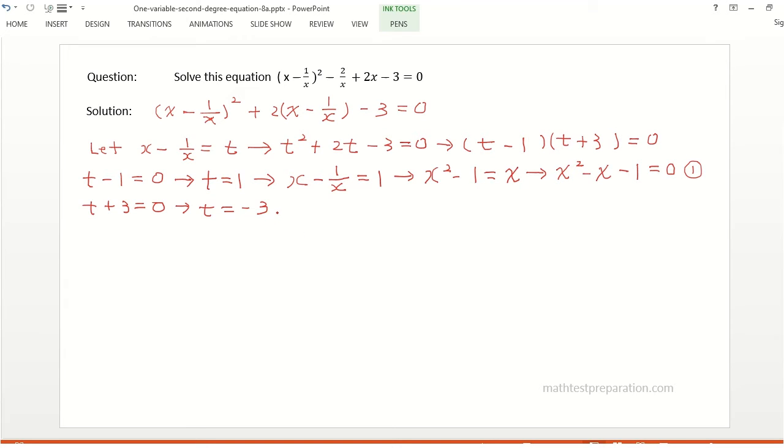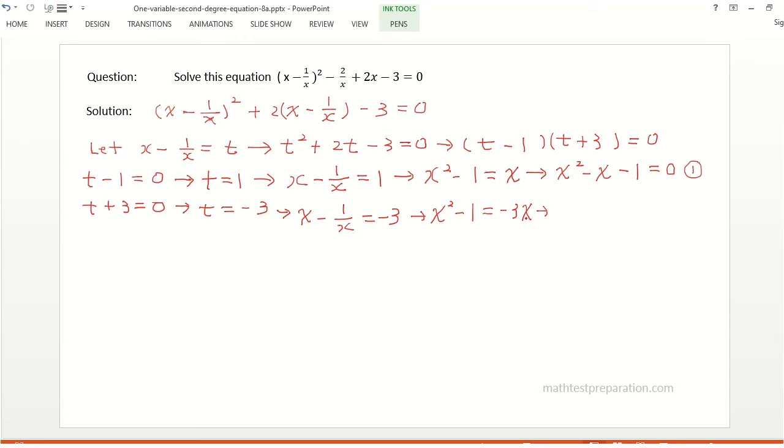From t equals negative 3, we get x subtract 1 divided by x equals negative 3. Now, multiply both sides of the equation by x to remove the denominator. We get x squared subtract 1 equals negative 3x.